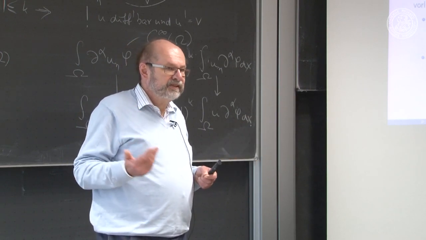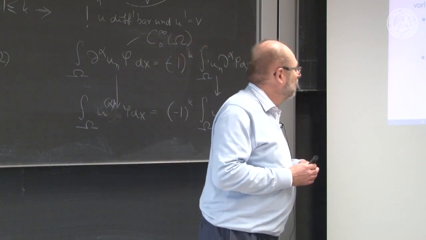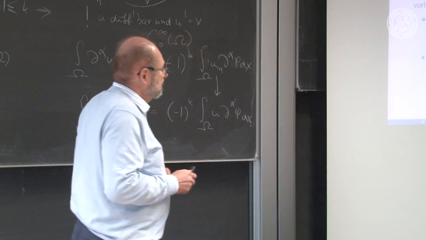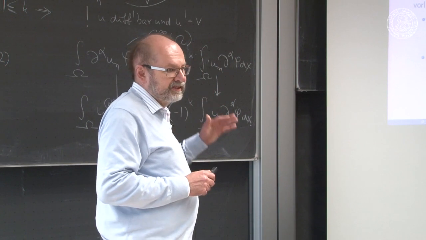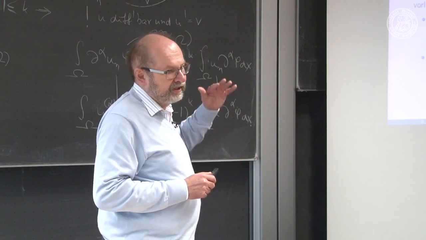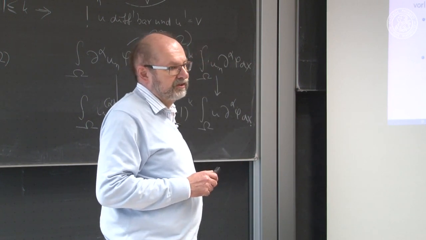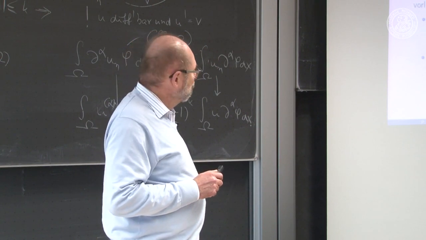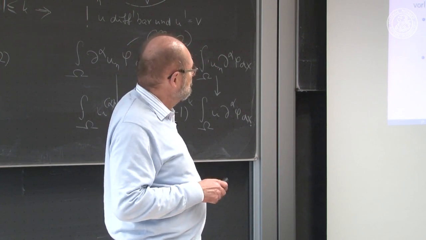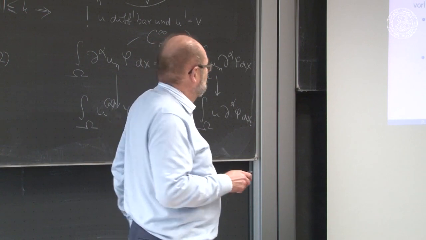So locally, our boundary has to look like a flat plane, or at least a smooth hypersurface. Smooth in the sense describable as the level set of a function, as typically the 0 set of a function. And the smoothness of the functions we can use defines then the smoothness of the domain.